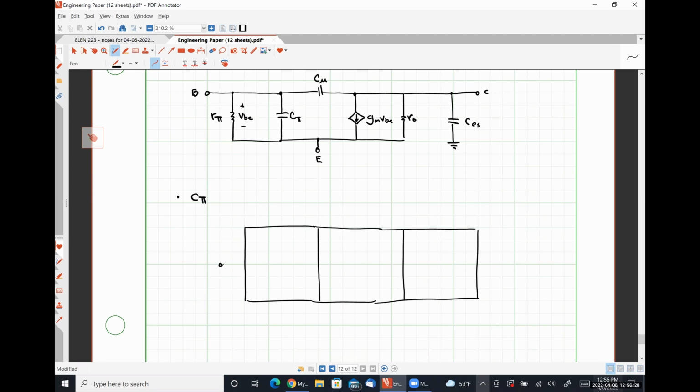And we're going to put our emitter terminal down here, our collector terminal over here, and our base terminal down here.